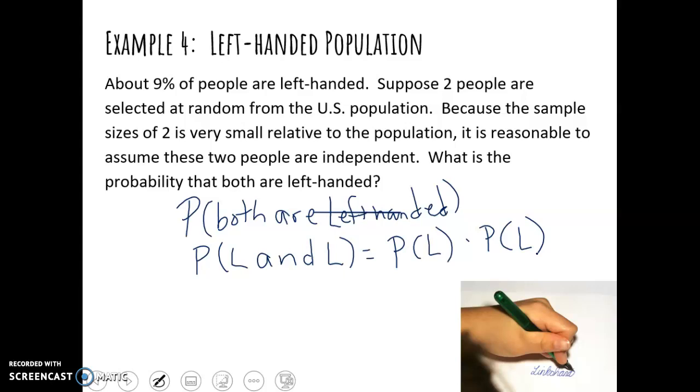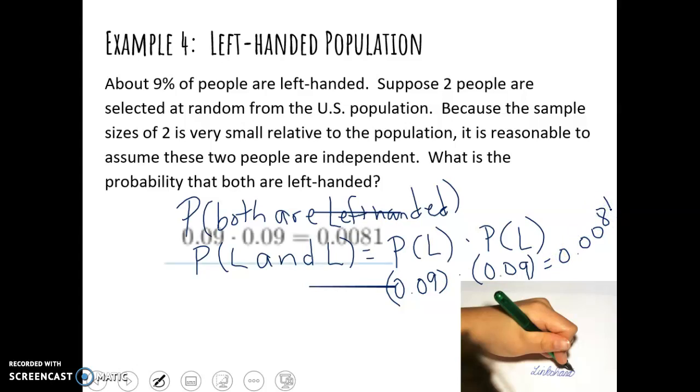So the probability of the first one being left-handed, well, if 9% of people are left-handed, then the probability is 0.09. And because it's independent, the second one's going to be the same thing, 0.09. That's what 9% is. So 0.09 times 0.09 is 0.0081.